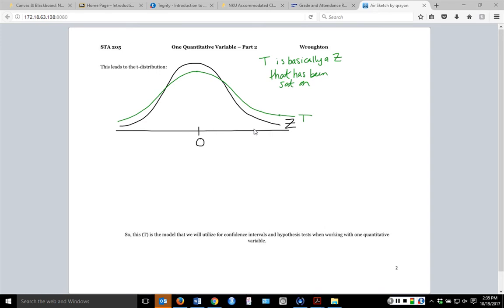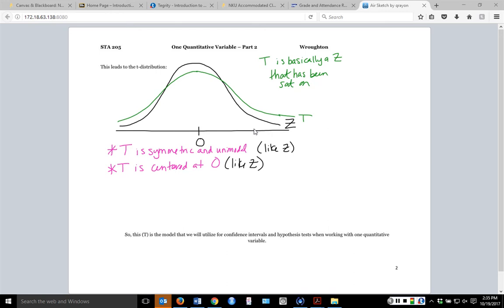So what do I mean by that? So things about this: T is symmetric and unimodal, which was also true of a Z. T is also centered at 0, like Z is as well.